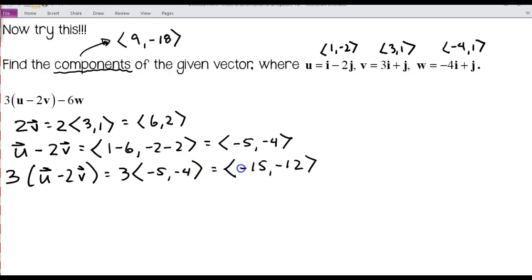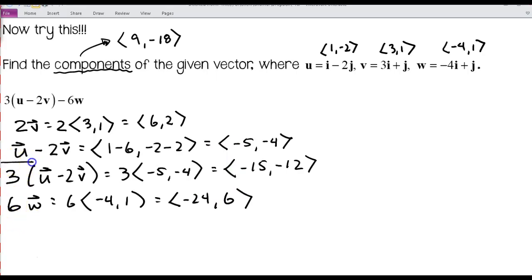Alright, and now I need 6w, so 6w is going to be 6 times w, which was negative 4, 1. So that's going to give me negative 24, 6. And then I'm just going to subtract these two.